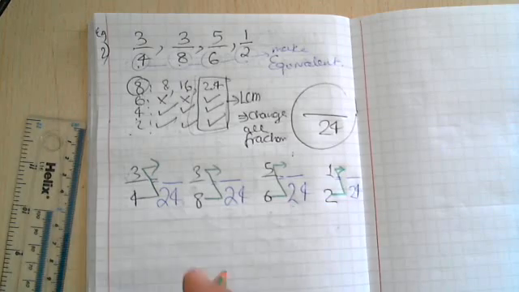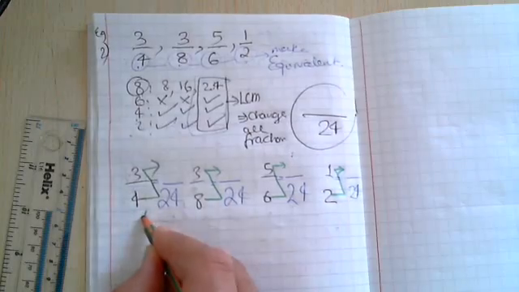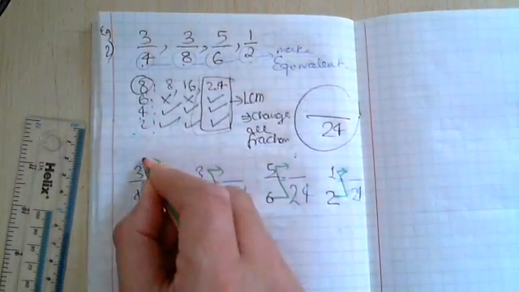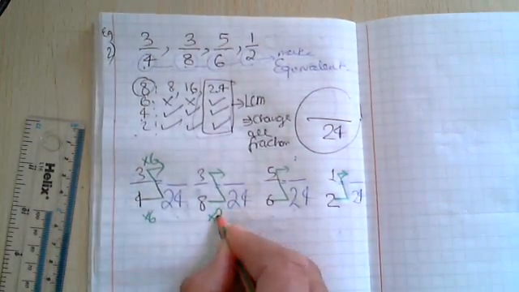Okay, so I want to change 4 into 24. I change 4 into 24 by multiplying by 6. If I multiply the bottom by 6, I have to multiply the top by 6. 8 to 24, times that by 3.